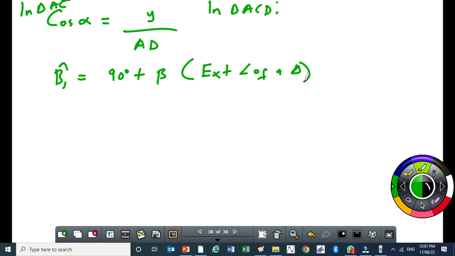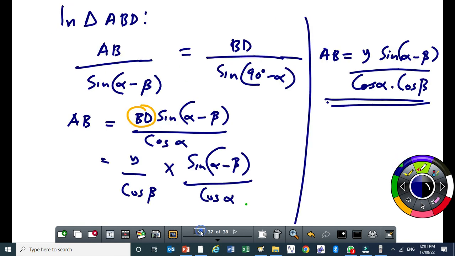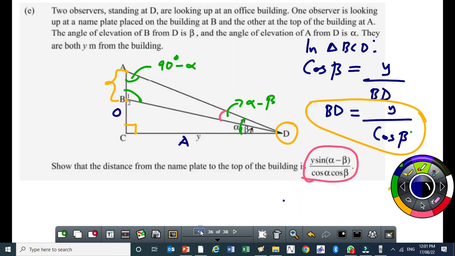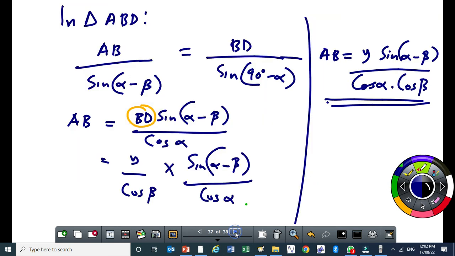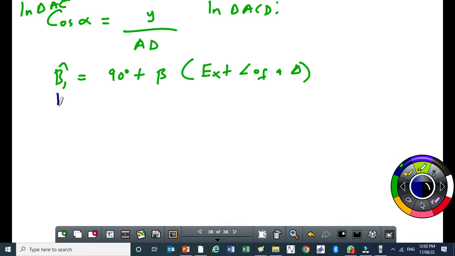Hence, I can write the sine rule using triangle ABD. The only thing is that instead of using angle A, I'm using angle B1. So in triangle ABD, I prefer to have the length on top.